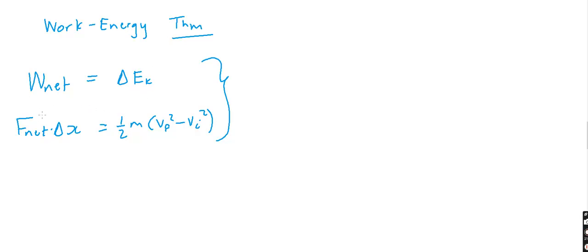Physically, work and energy are not the same thing. They have the same units, yes, but they are not the same thing. So we can't say work is equal to energy. But mathematically speaking, we can find kinetic energy by resolving the net work, and we can find the net work by resolving the change in kinetic energy. It's a mathematical statement. Okay, we apply this to solve a lot of problems.